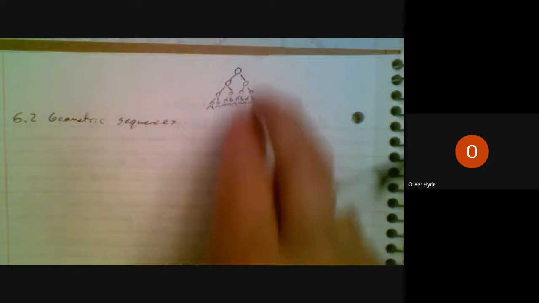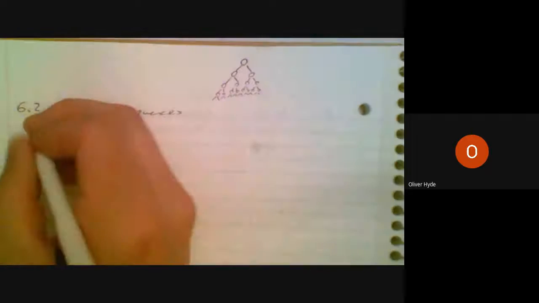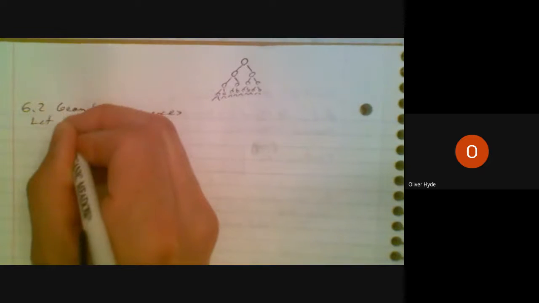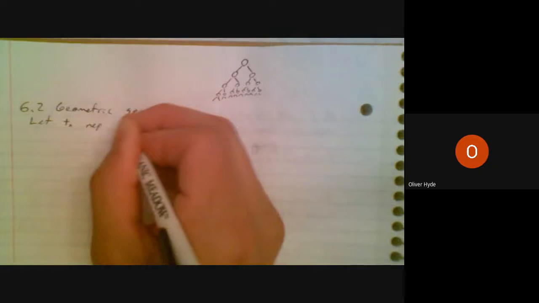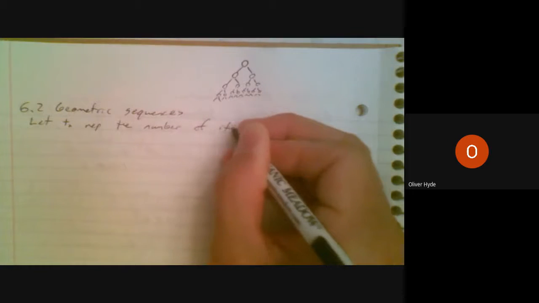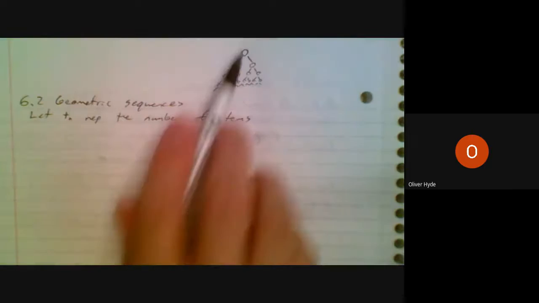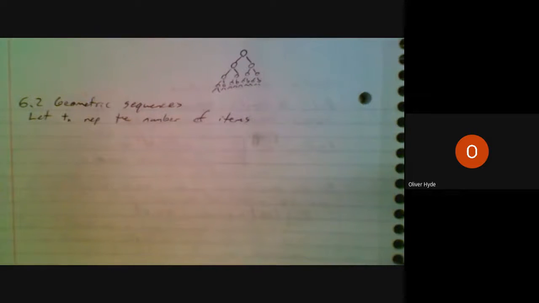Let me try to get a sequence instead. So let T sub n represent the number of items, not total, but just at a specific level. And then the index here is going to be a little bit trickier.